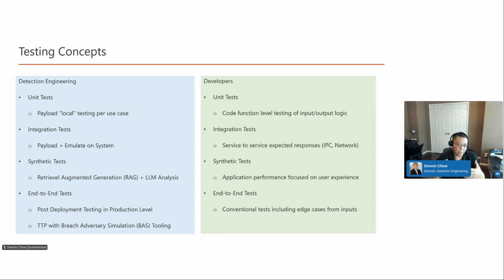And so synthetic test in their world usually means A/B testing or some other testing from a user experience perspective. And the end-to-end means conventional testing for different edge cases such as fuzzing. And for those that are pen testers, your fuzzing is the example of end-to-end testing in some cases at the end of the pipeline, depending on their maturity.